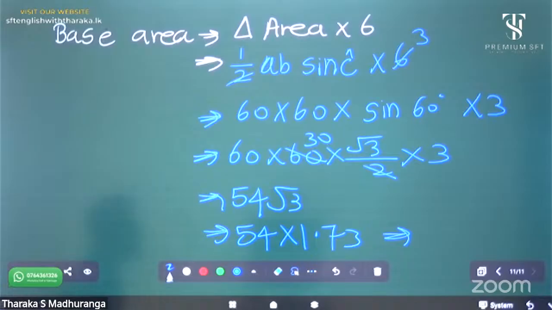Can you send me the answer? Sarmya, what's the answer?